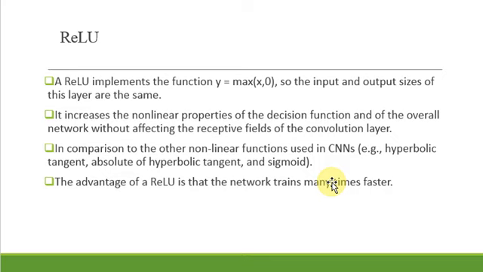It simply increases the nonlinear property of the decision function and the overall network without affecting the receptive field of the convolution layer. We have different nonlinear functions, which are hyperbolic tangent, absolute of hyperbolic tangent, and sigmoid. And what is the advantage of ReLU? Why are we using ReLU? Simply, it makes the network faster.